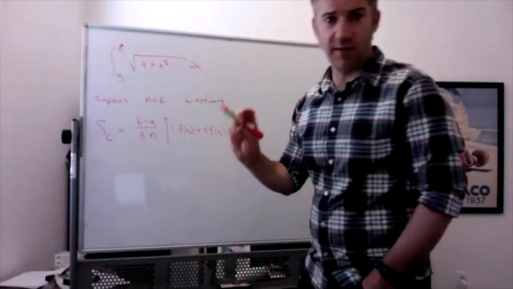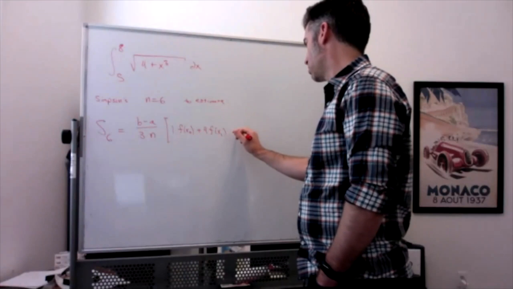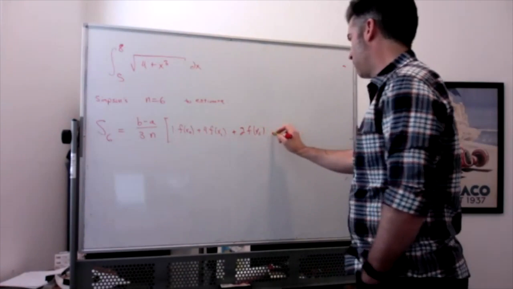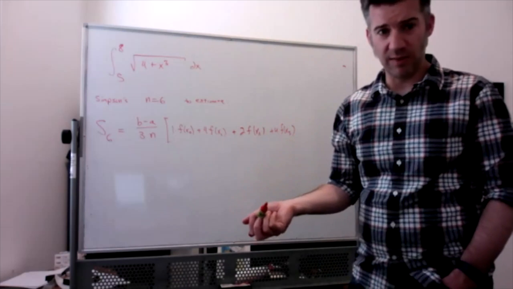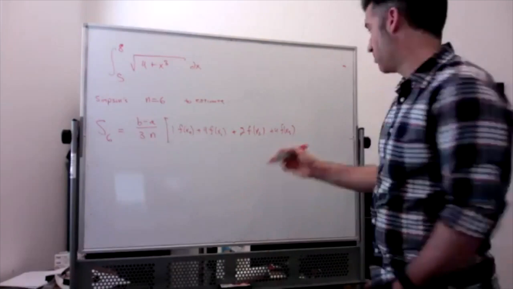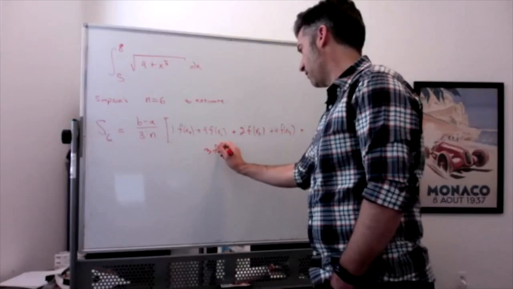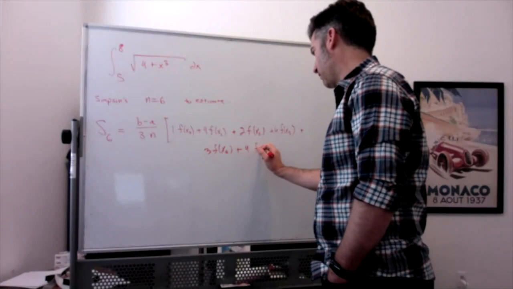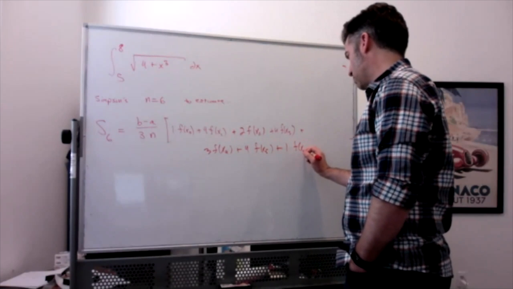And then it's the 4, 2, 4, 2, 4, 2. And then 4. So part of me feels like this question is meant to address whether you remember Simpson's rule. And then 3 times f of x of 4, and then 4 times f of x of 5, and then 1 times f of x of 6.